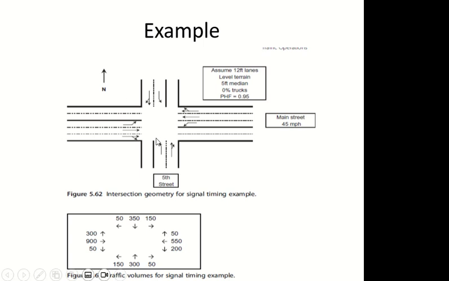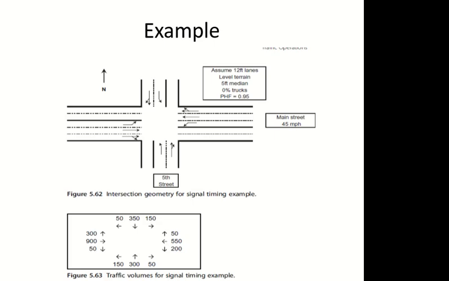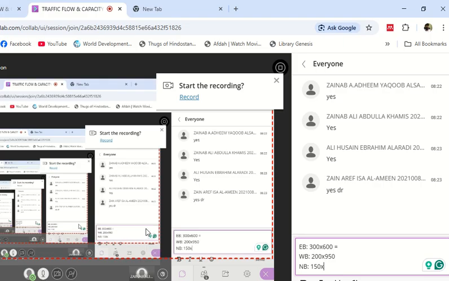Similarly, facing north, so northbound, left turning 150, multiply by the opposing, which is 350 and 150. So 350 plus 150 is 500.